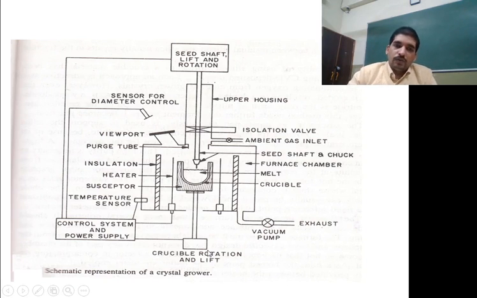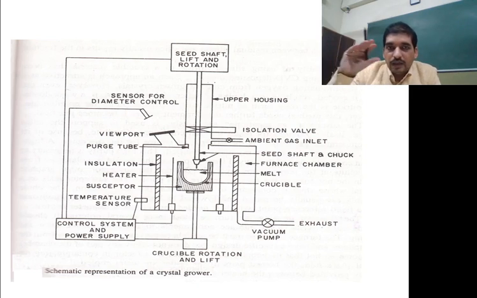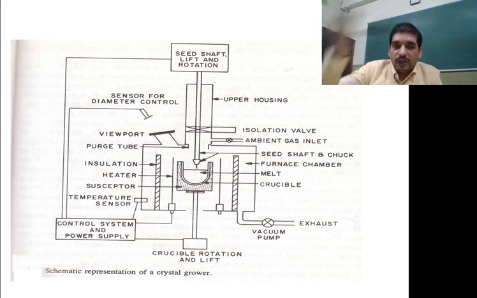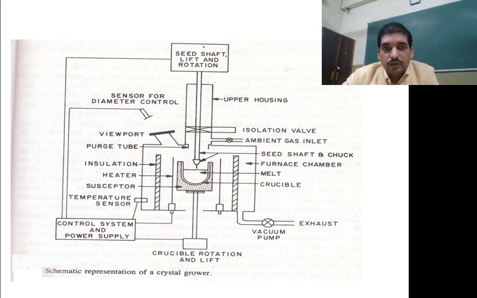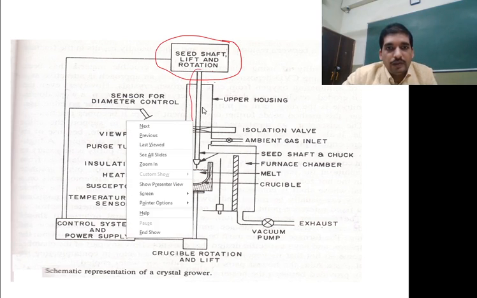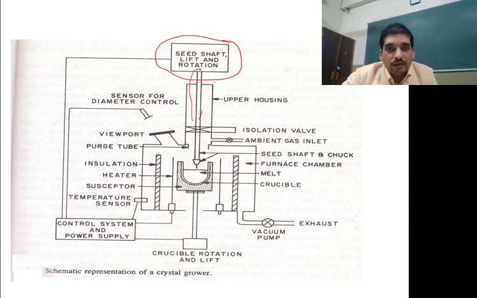Okay, so now see which section is placed at which location. You see here the seed shaft, lift, and rotation is provided at the top, and this tube is basically the rotating mechanism which is rotating.